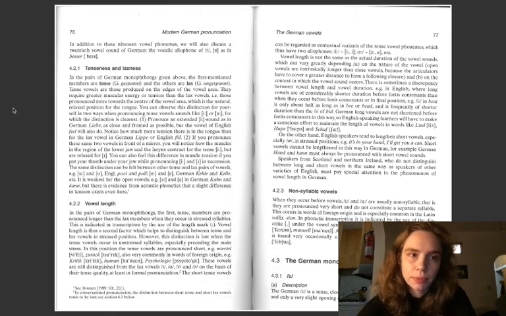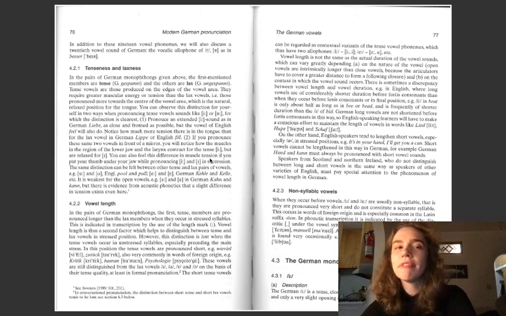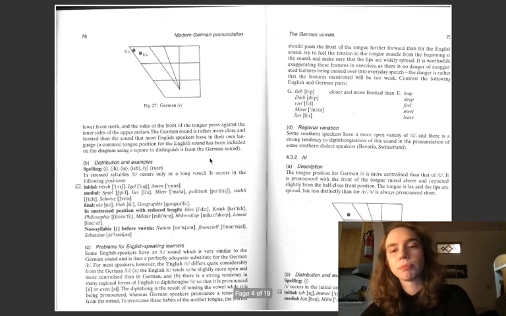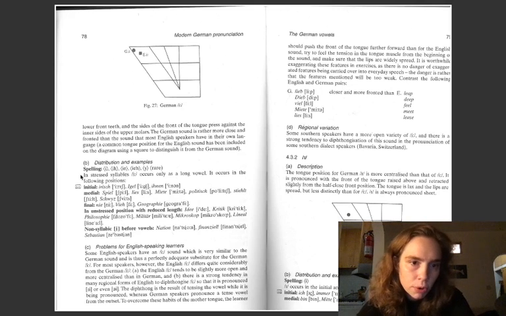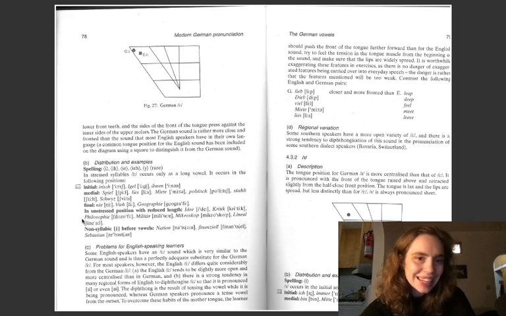So, anything else worth mentioning there? We can say German vowels tend to be more tense. If you look at this book, this will give you specific problems. Let's look at an example here. This is for the I sound: Spiel, Lies, Miete, politisch.